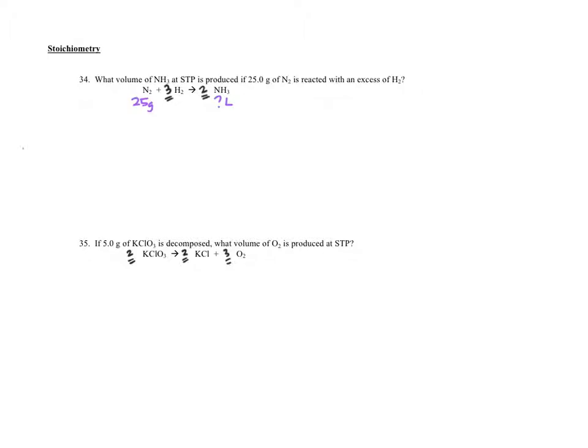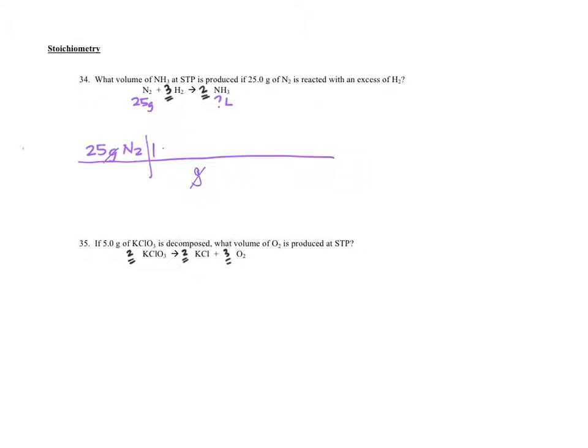Most of the other stuff with the tic-tac-toe board is the same. You start with what you're given, the 25 grams of N2. You make your tic-tac-toe board. If you remember, if you're starting in grams, your first step is always to go from grams to moles. If grams is here and I want to get rid of it, you go opposite. Cross out the grams.